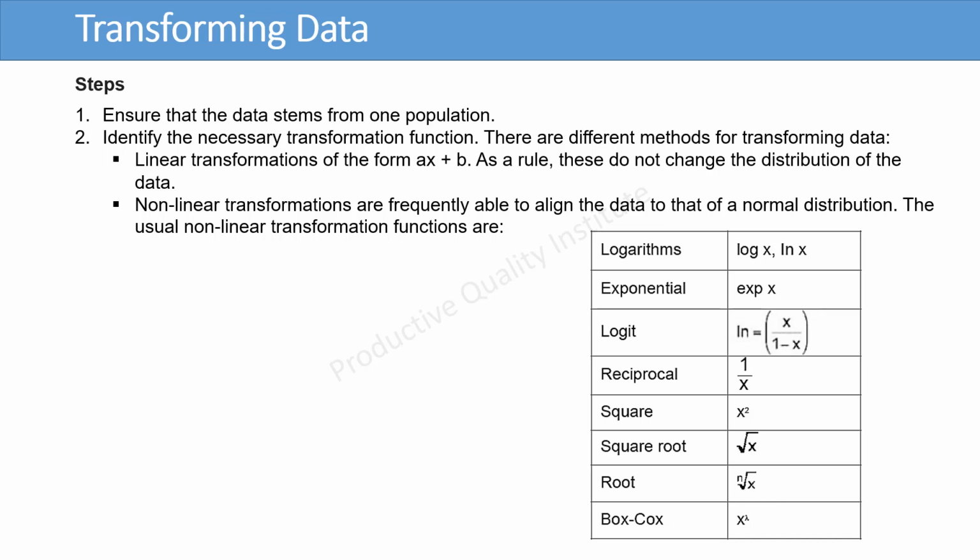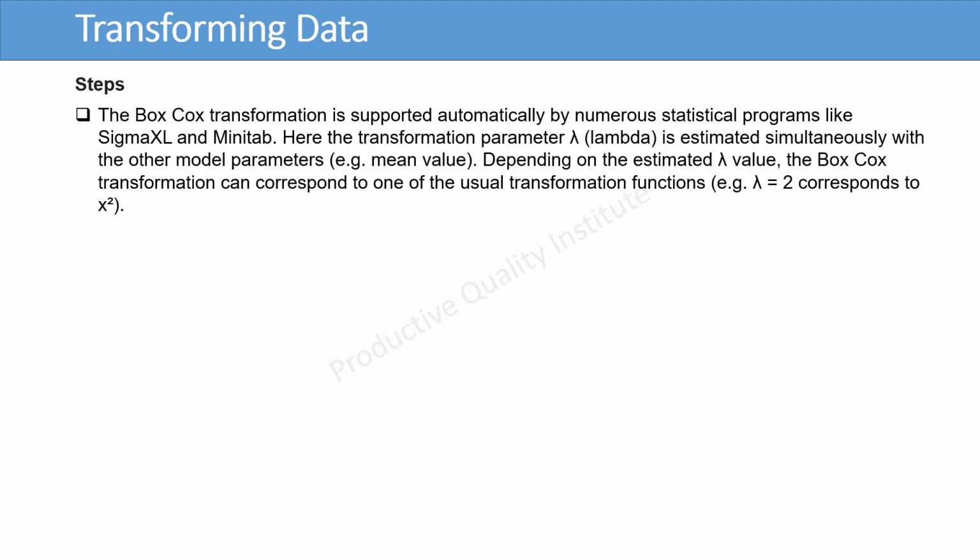The usual nonlinear transformation functions are logarithms, exponential, logit, reciprocal, square, square root, and Box-Cox, which can include most of the above functions and will be described in detail. The Box-Cox transformation is supported automatically by numerous statistical programs like SigmaXL and Minitab.